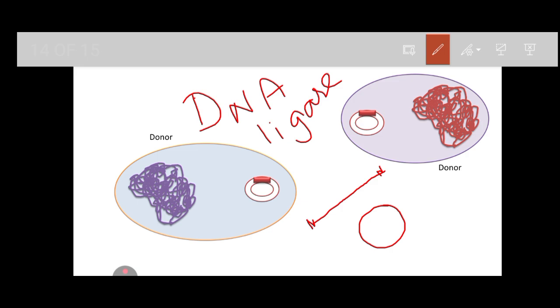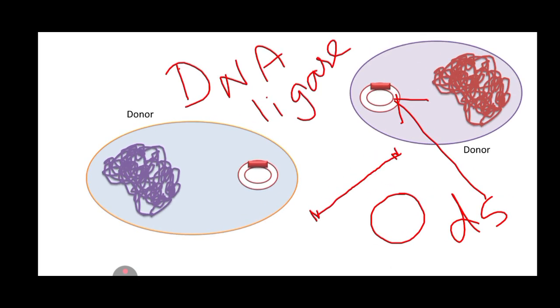And with the help of DNA polymerase enzyme, the single stranded DNA will get double stranded. So as I have mentioned here, double stranded plasmid. Now the recipient cell becomes donor. You could find the terminology donor here, right?